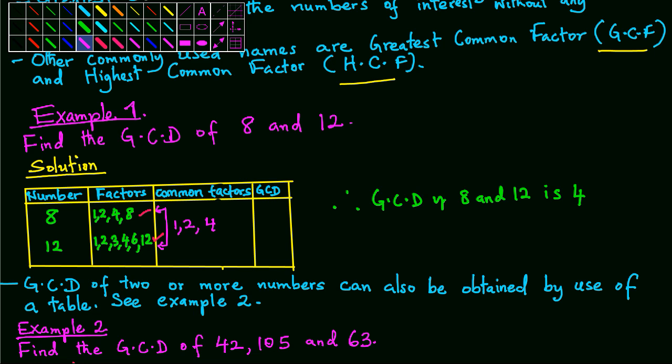So out of the 3 common factors, the greatest common factor in this group is 4. And therefore, the GCD of 8 and 12 is 4.